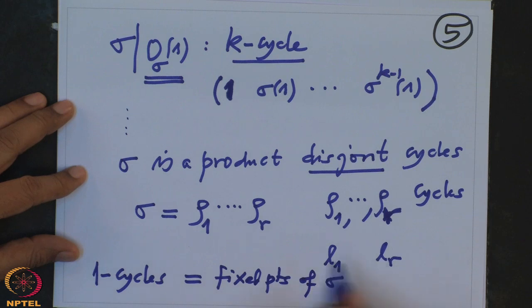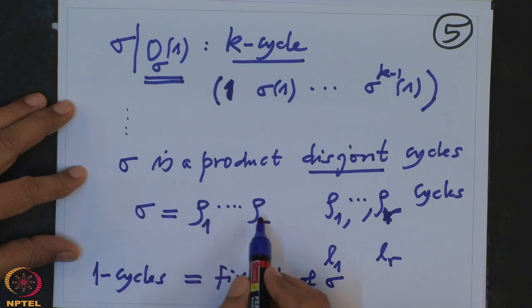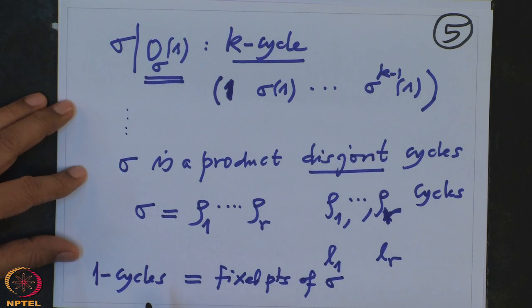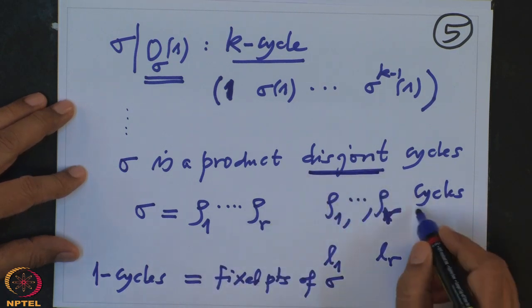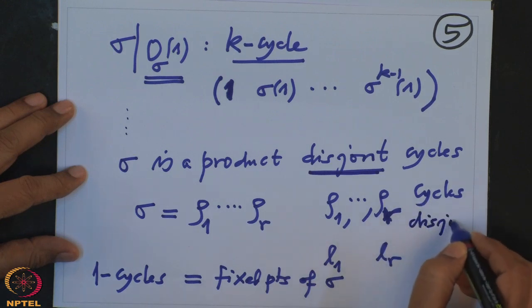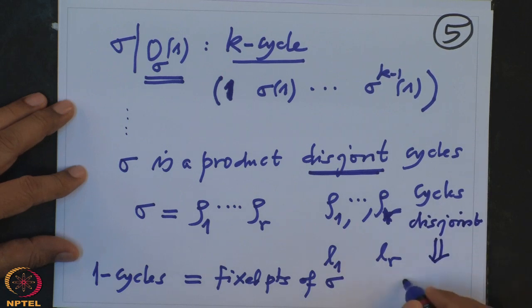sigma. So, if one wants to understand a permutation, one has to understand each cycle carefully, and they do not meddle with each other because they are disjoint, therefore, they commute. So, disjoint will mean that they commute.